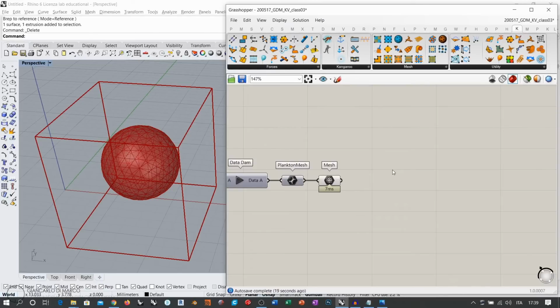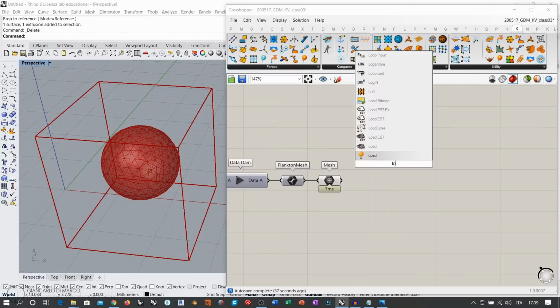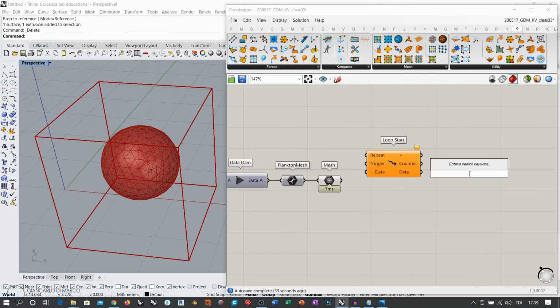And handling time in Grasshopper means mostly creating loops. And for those of you who already know my other webinars, you know that I am comfortable using Anemone for creating loops. So I am going to use a loop start and loop end from Anemone.